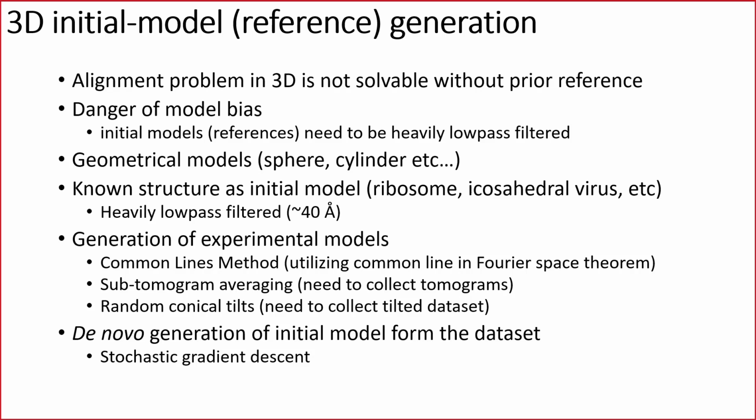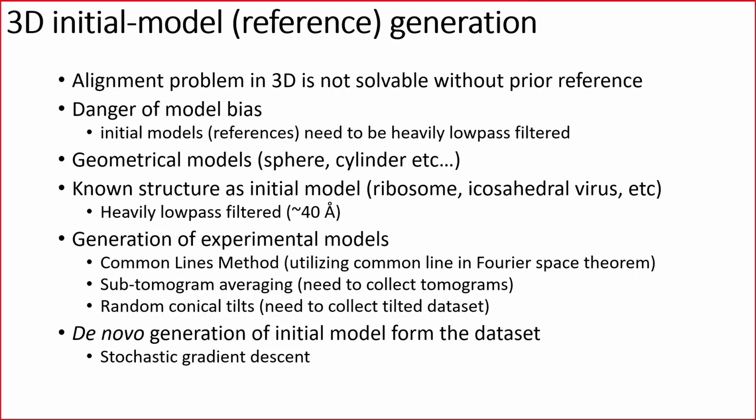Still, it's easier to align as an unknown 3D problem than just from 2D data. This is, of course, a problem in that we need to collect a new set of data, collecting and processing tomograms. We can use the random conical tilt. This also needs some collection of new data using the tilted stage.